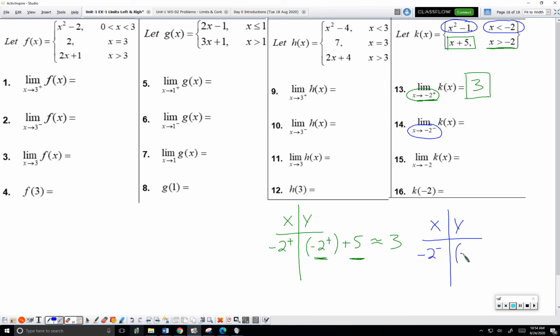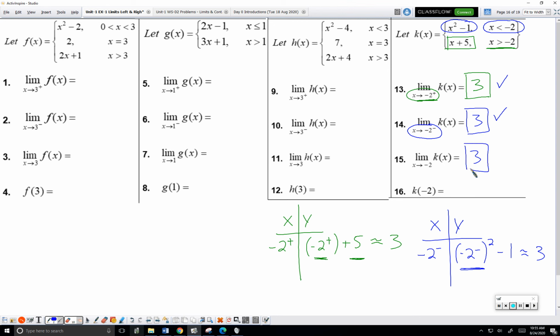Replace with parentheses. -2 squared would be exactly 4. 4 minus 1 would be 3. So this is infinitesimally close to being 3. So this limit is exactly 3. The right limit matches the left limit. Therefore, the overall limit is also 3.